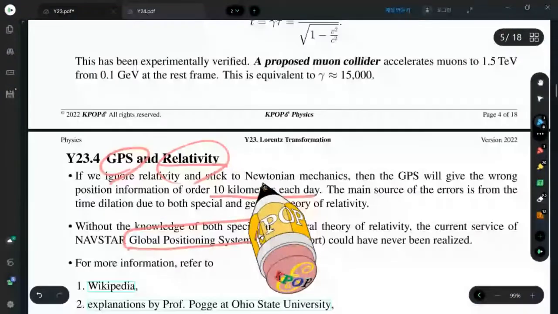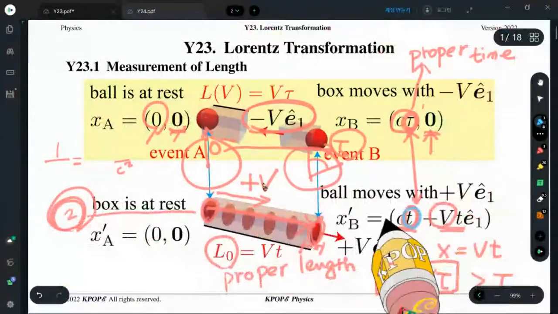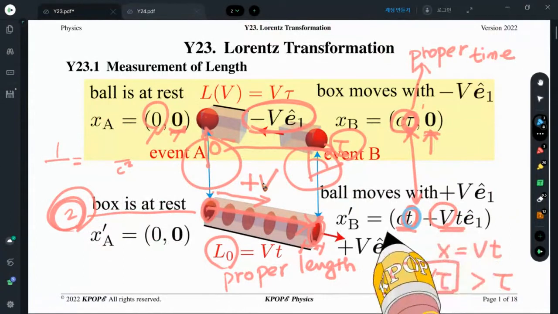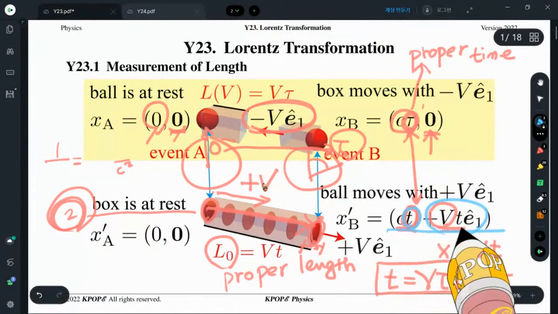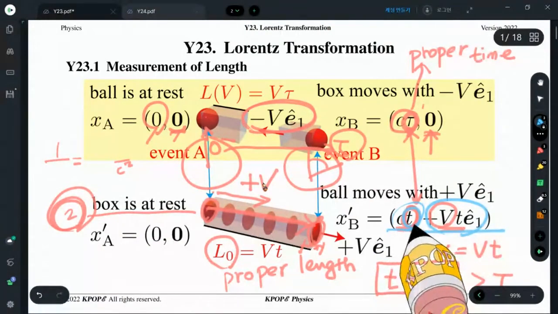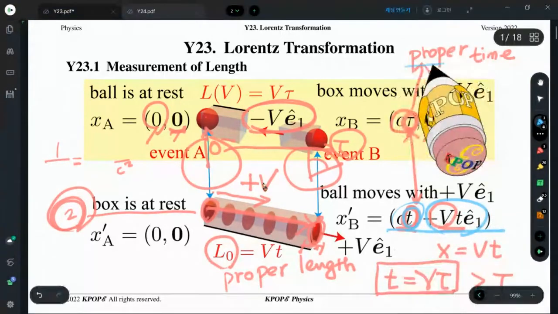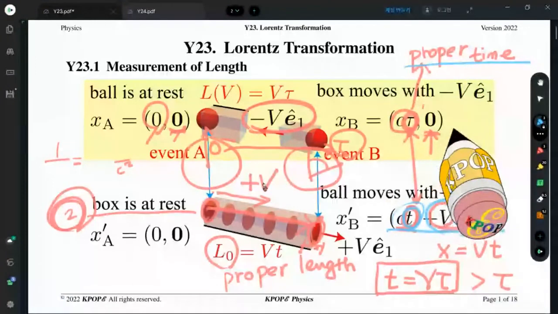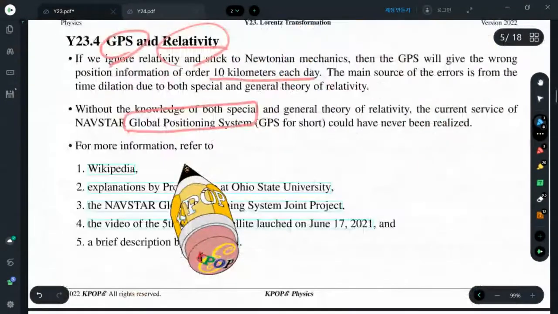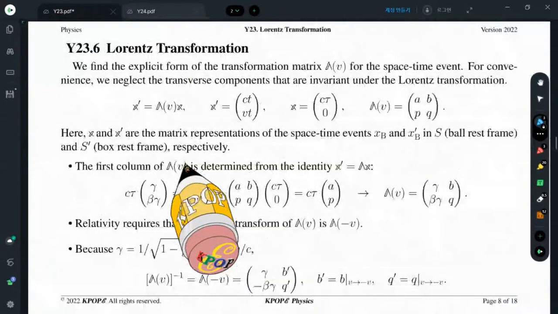Remember, any moving object is described by the time t instead of tau, and the spatial coordinate is vt, and time coordinate is ct. If something is at rest, it can only be expressed in terms of proper time, c tau, 0, 0, 0. All right, so this is the whole nature of the time dilation and length contraction.